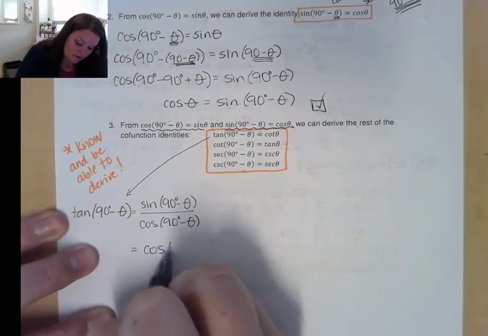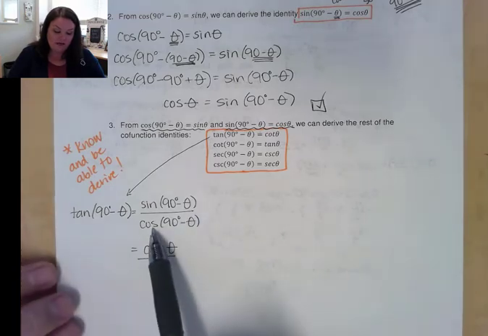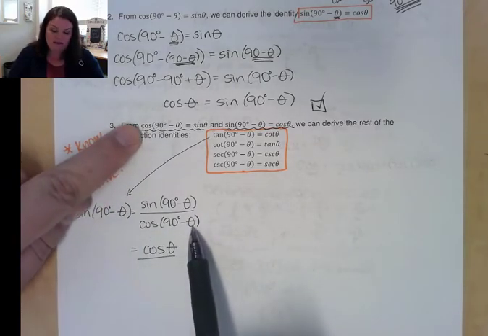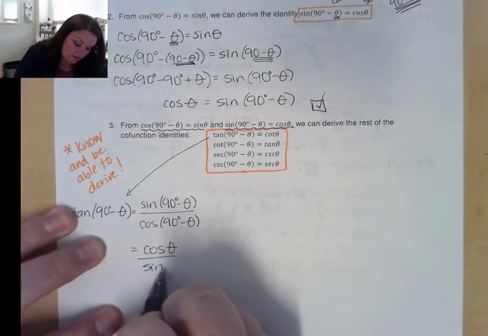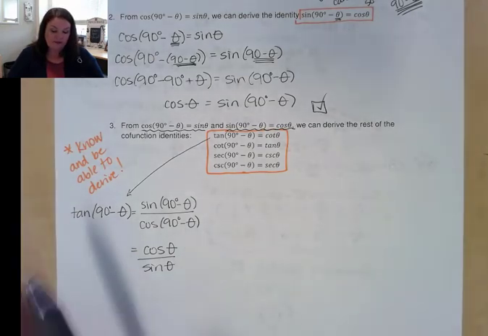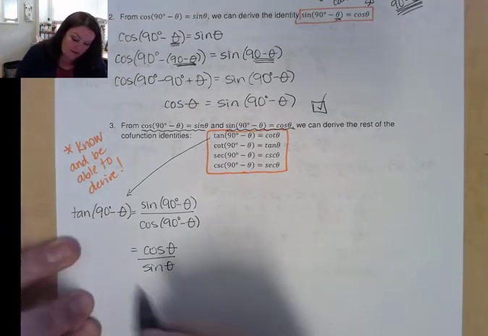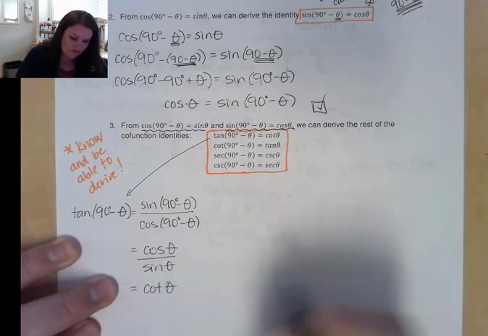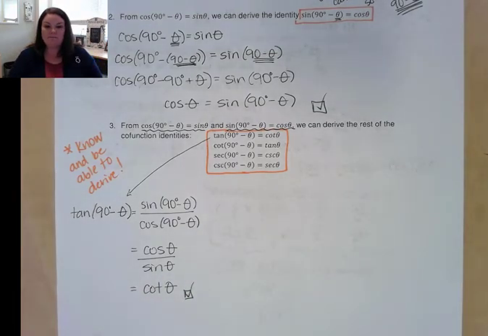This is just cosine theta. And the same thing on the bottom. Cosine of 90 degrees minus theta, we know from the identity above, is just sine theta. So now we have rewritten this to be just cosine theta over sine theta, and cosine theta over sine theta is cotangent theta. So we have proven that one, okay?